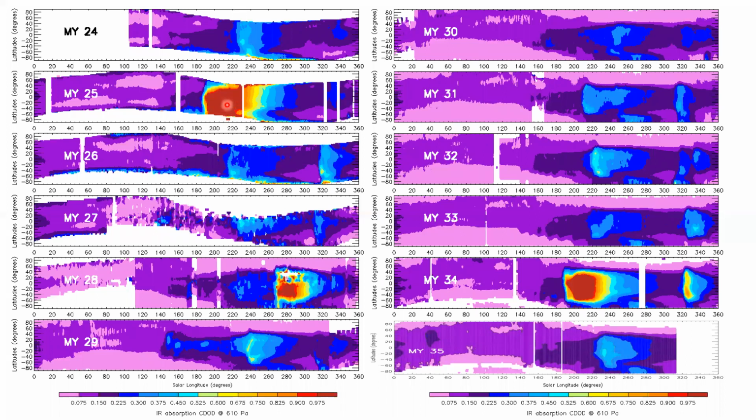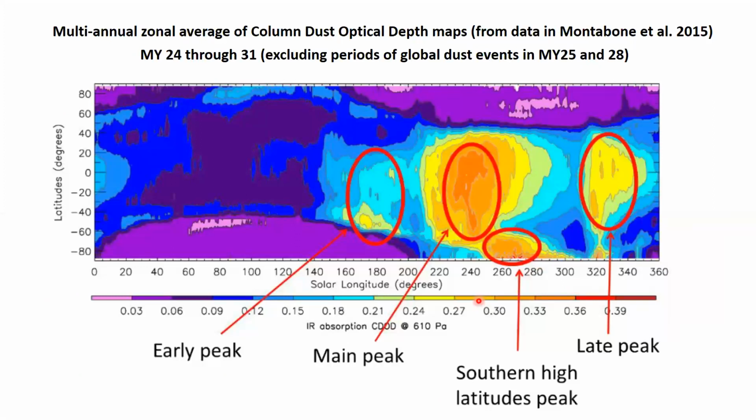The last three occurred in Martian year 25, which was 2001, Martian year 28, which was 2007, and Martian year 34, which was 2018.